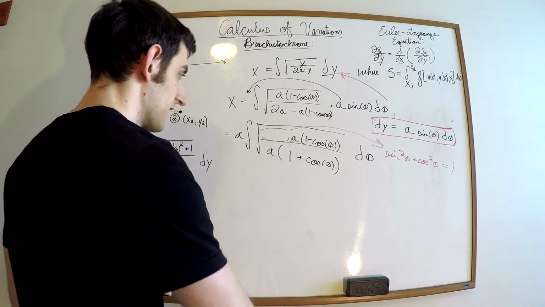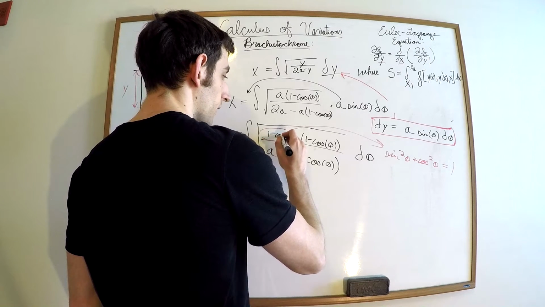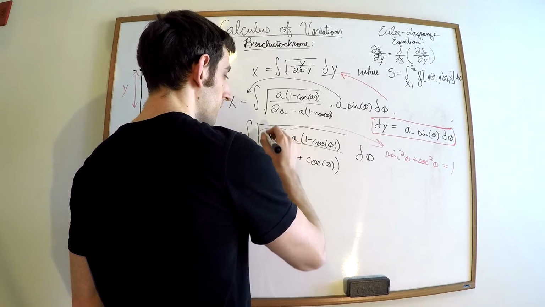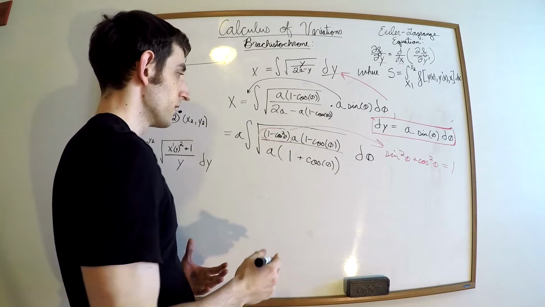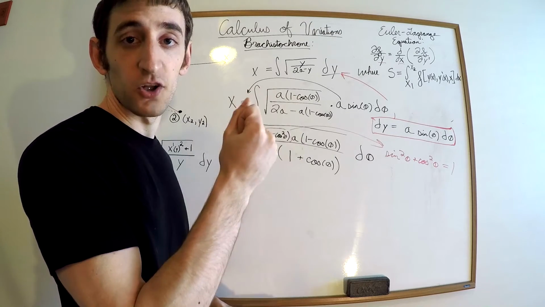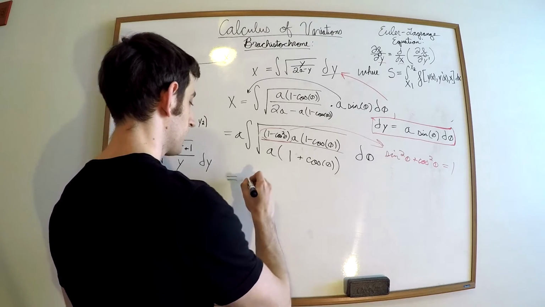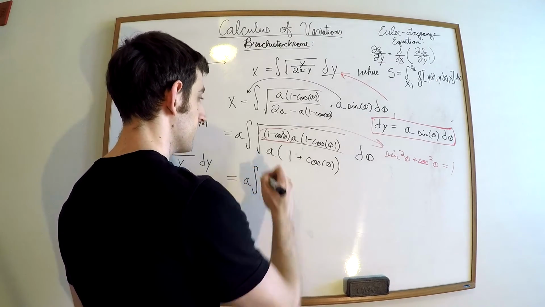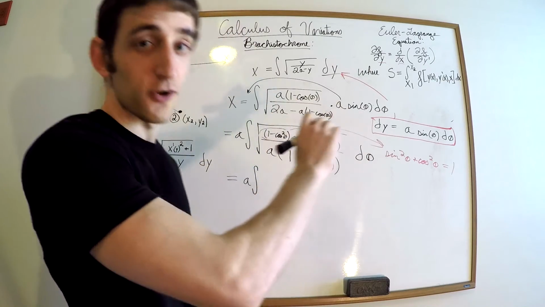So when I plug that guy in, we get this 1 minus cosine squared theta. Okay, now we need to simplify further. So we need to factor this, and that's when everything is going to start to click for you. So this has to be equal to A times the integral of 1 minus cosine times 1 plus cosine.